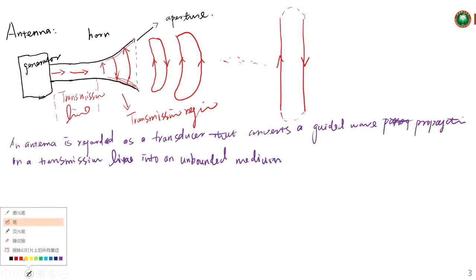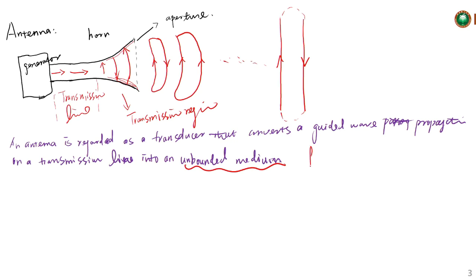So here I take it as the unbounded medium instead of free space, because the electromagnetic waves may not just propagate in free space, right? They can be in other mediums such as the sea, the ocean, or under the surface, ocean water for example, and under the ground.